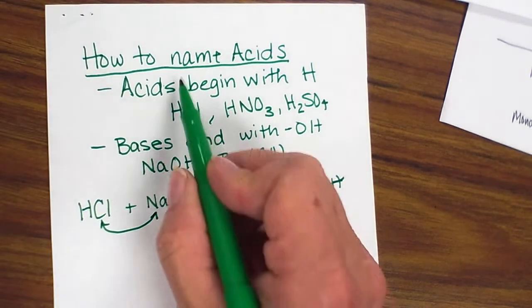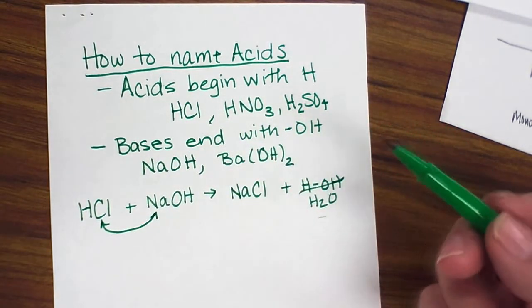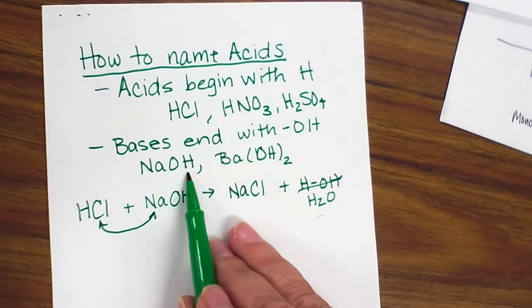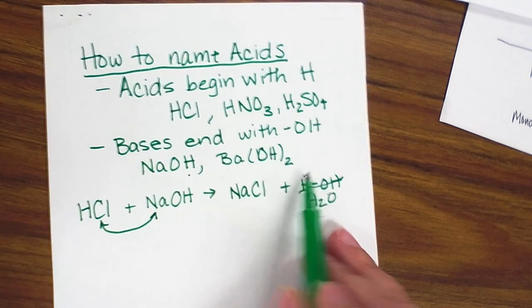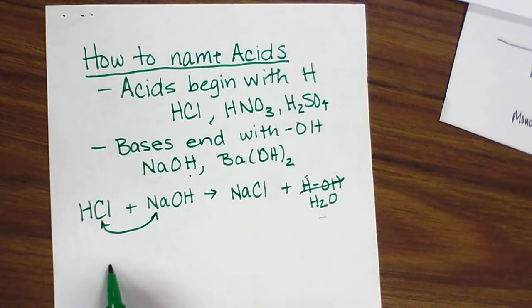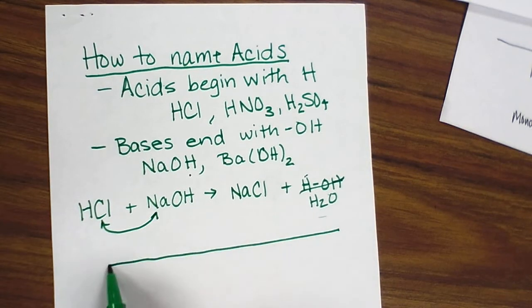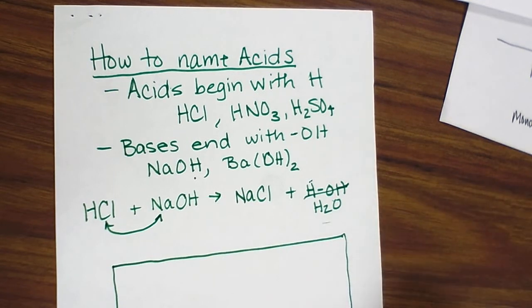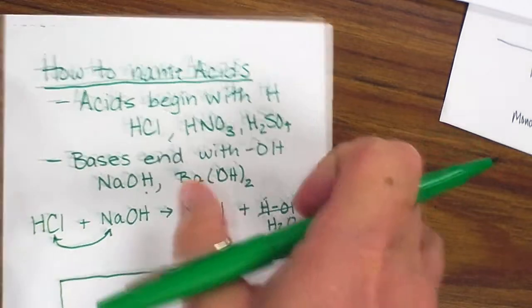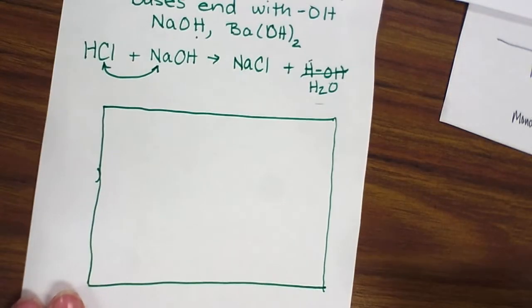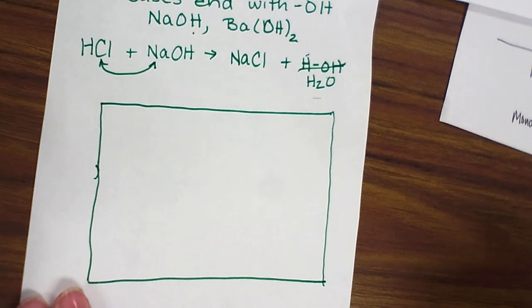So how do we name these acids? Well, first, we name the bases just as we name anything else. We would just name it sodium hydroxide, barium hydroxide, right? But the acids, we name differently. So I'm going to show you how to name the acids, and it's a table. You're going to want to put this table on your periodic table, wherever it is that you're putting your nomenclature stuff, all right?